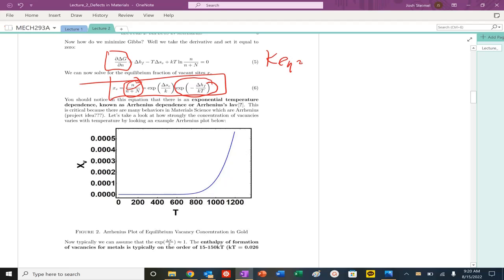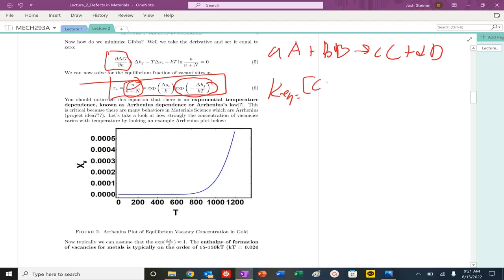Let's say I have a chemical reaction: aA plus bB goes to cC plus dD. If I want the equilibrium constant K, what is it?